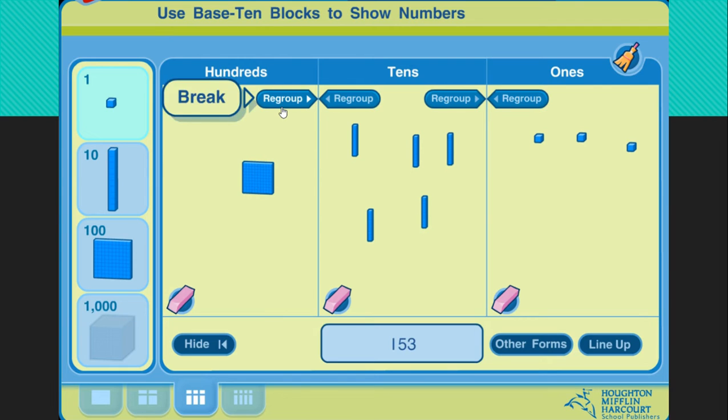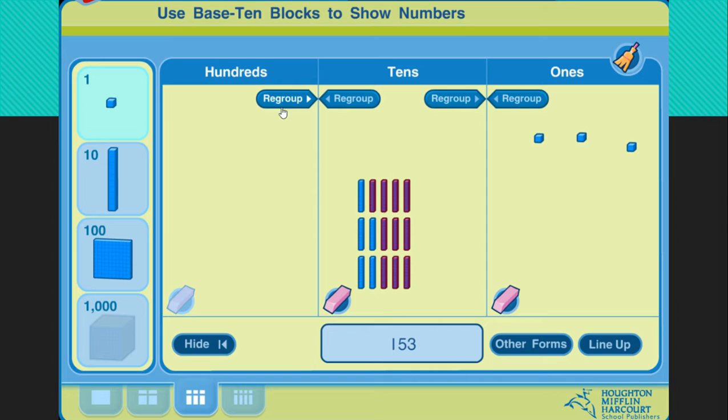So when we regroup this and move that over here, if you count up, we now have 15 tens, because of the 5 that started in the tens place, plus those extra 10 that were in the 100. This is important because in division, you're going to see that sometimes we need to regroup in order to divide.